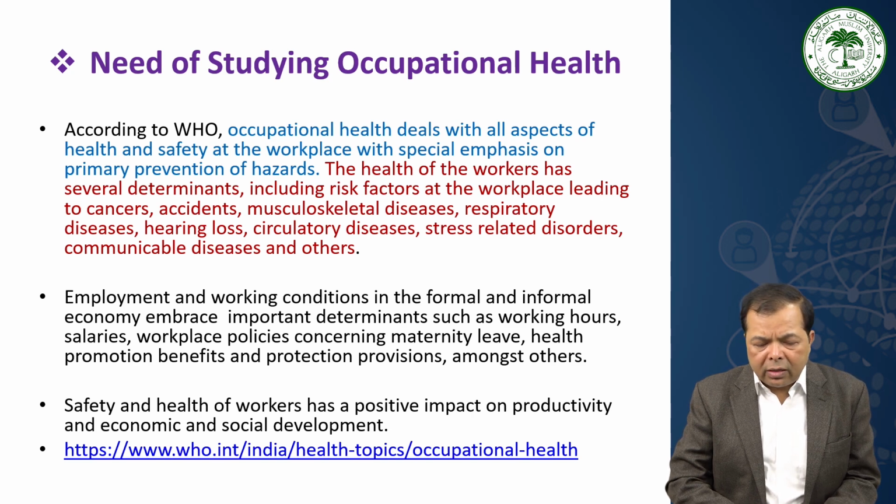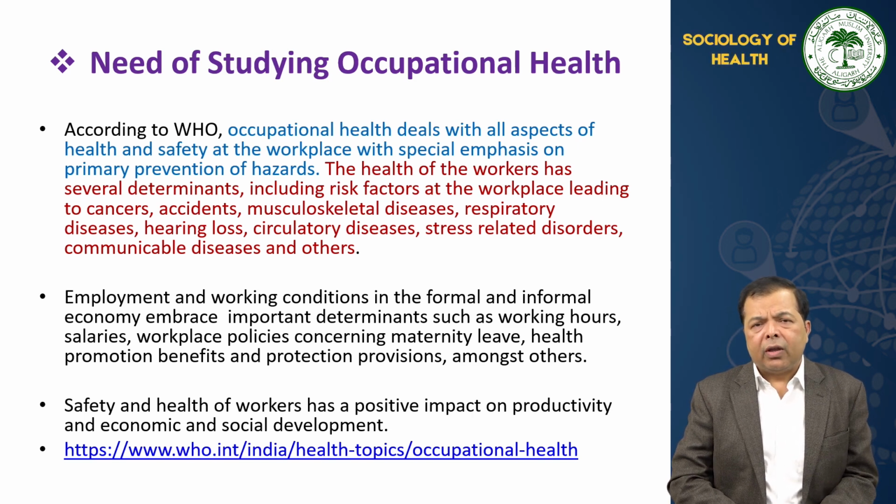The health of the workers has several determinants, including risk factors at the workplace leading to cancer, accidents, then musculoskeletal disease, respiratory disease, hearing loss, circulatory disease, stress related disorder, communicable disease, skin related problems, and a good number of others. Basically, you think of any workplace or work situation, and then you can identify. For example, if people are working in industries and the industries are having components like chemicals, then you can understand what kind of exposure they may have and what kind of impact they could have.